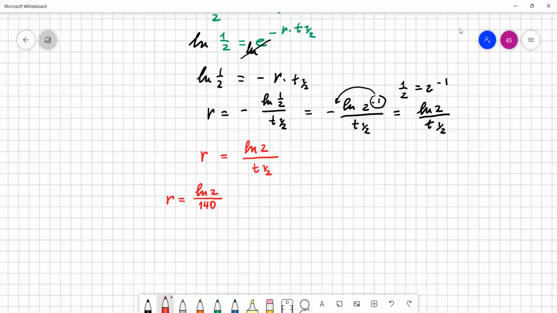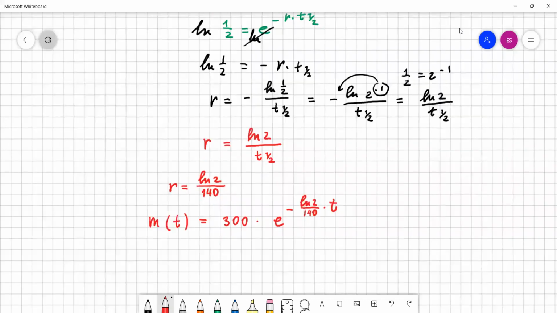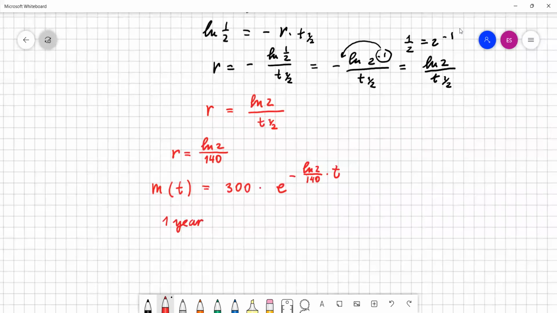Now we're just going to substitute everything in the formula. So mass after t days is M0, which in our case is 300, times e to the power of negative ln of 2 over 140, that's the rate, times t. That's how my mass depends on time. They're asking what the mass will be after 1 year. We know that 1 year in days is approximately 365 days. Why do I use days?